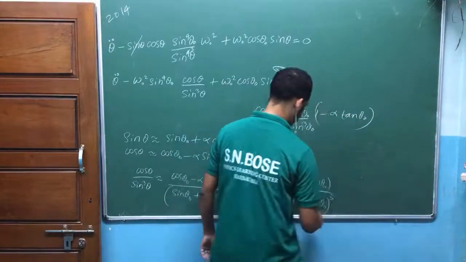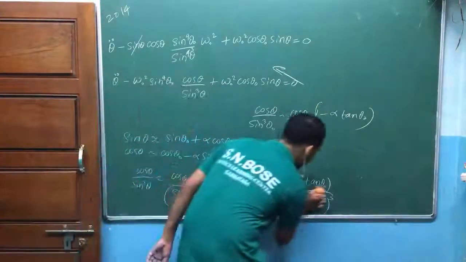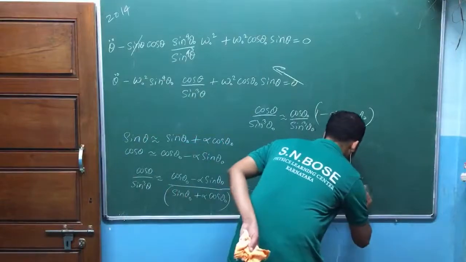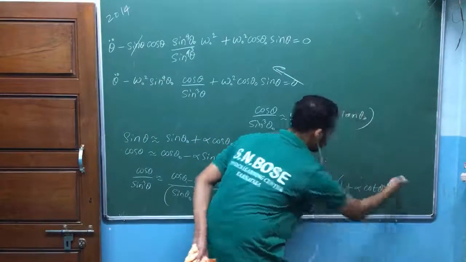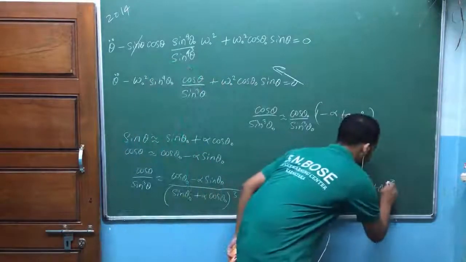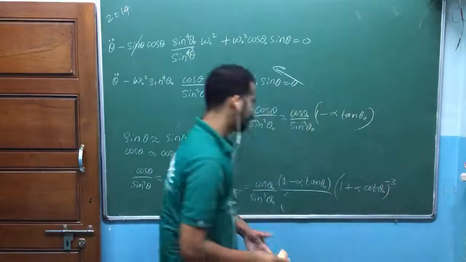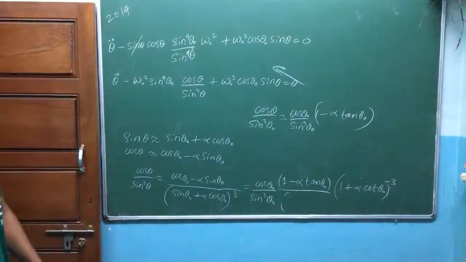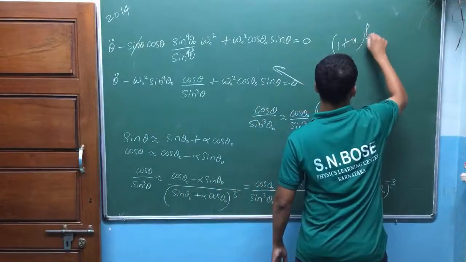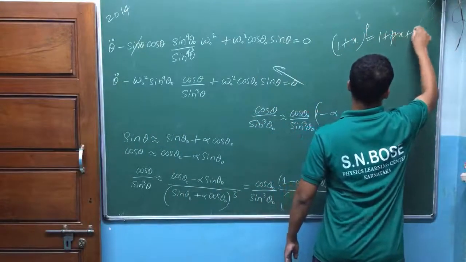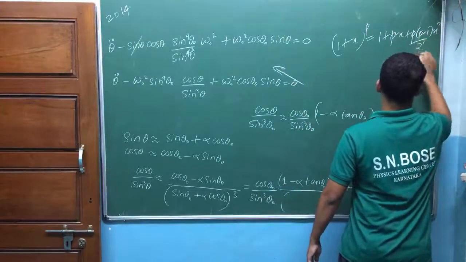Can I write it like this? Let me write it as 1 plus alpha cot theta naught the whole cube, 1 plus x power minus 3, sorry. Let me take it into the numerator. Let me do the binomial expansion. I hope I gave that yesterday, am I right? 1 plus x whole power p equals 1 plus p x plus p into p minus 1 x square by 2 factorial plus and so on.